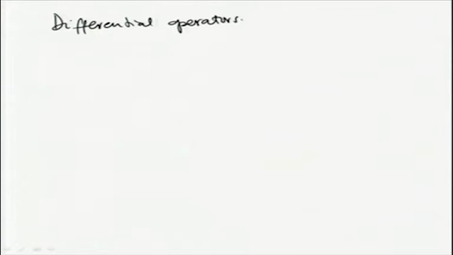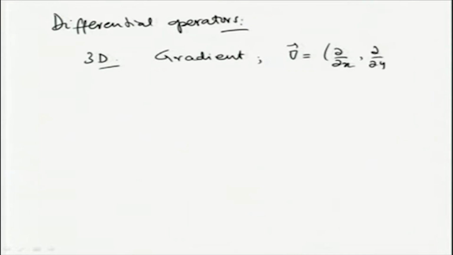So, let us consider differential operators in relativistic notation. In the three dimensional case, we have the gradient defined as ∂/∂x along the x axis, ∂/∂y along the y axis and ∂/∂z along the z axis.